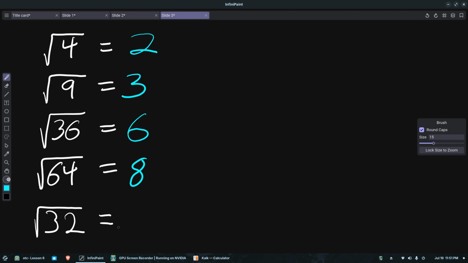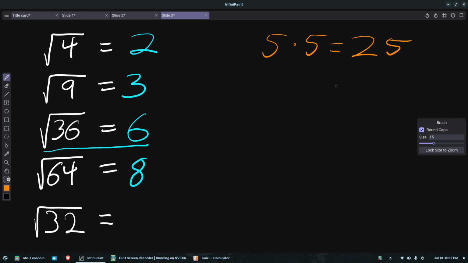What about 32? Well, before we concluded that the square root of 36 is 6. So it has to be something a little smaller than 6. But what if we did 5, right? Well, if we did 5 times 5, this would give us 25. So that can't really be the answer either.